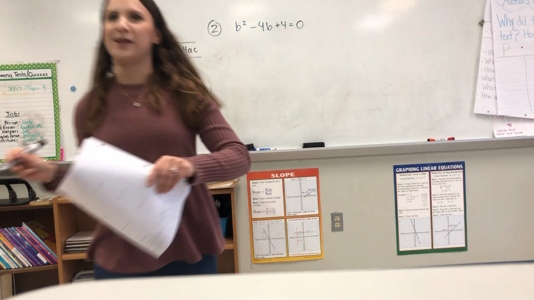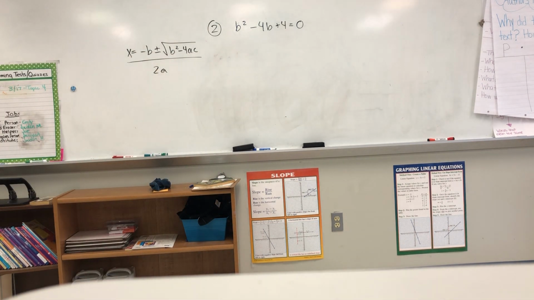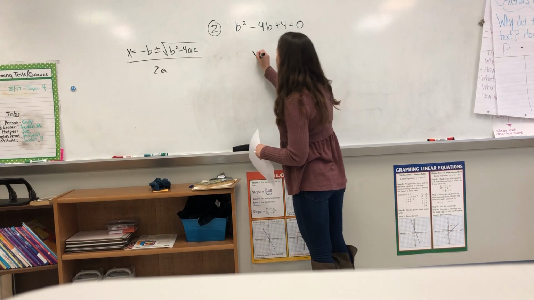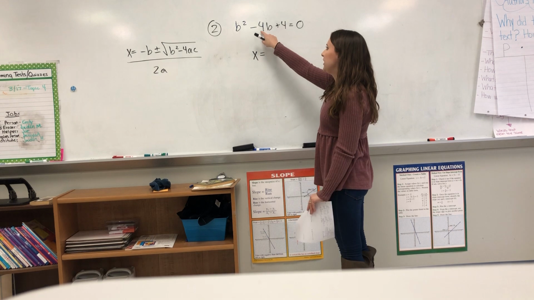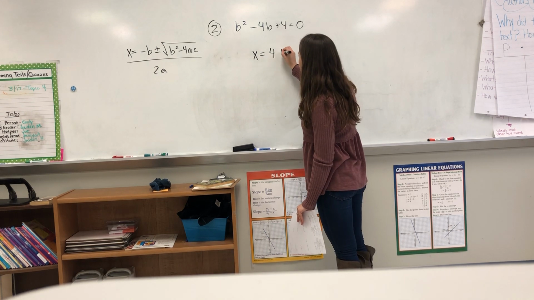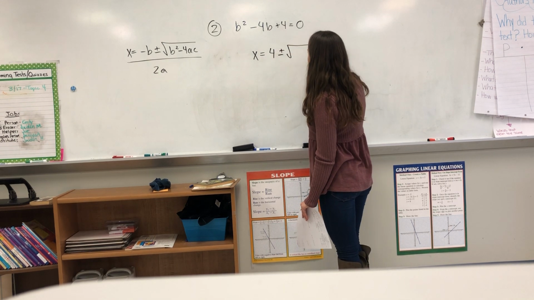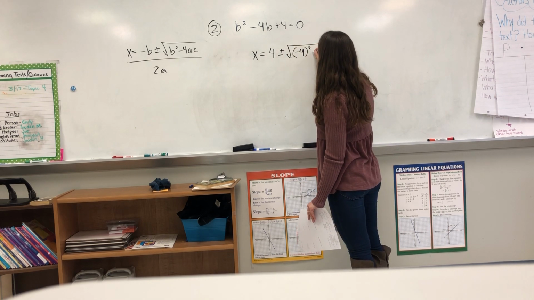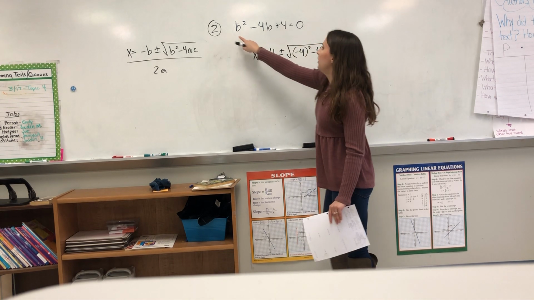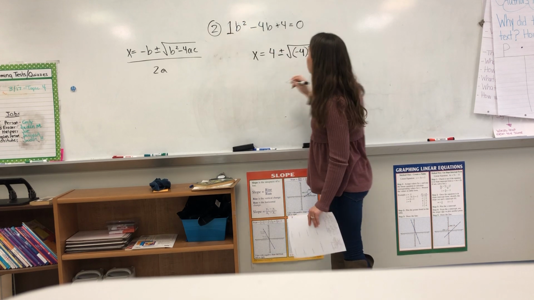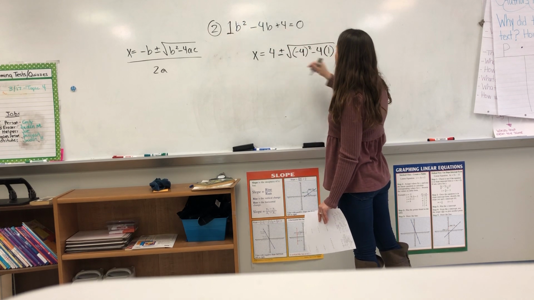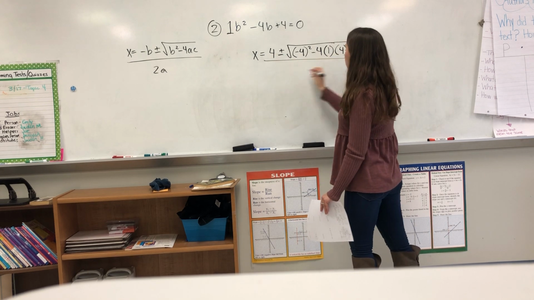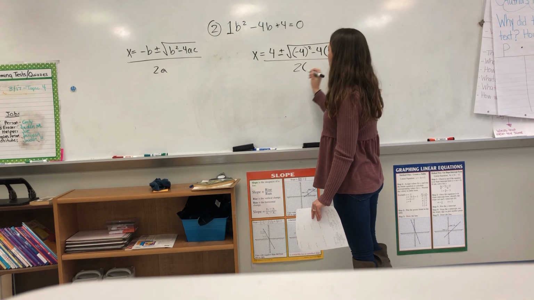Okay, so first step, the opposite of b is positive 4 plus or minus the square root of b squared, so negative 4 squared, minus 4, a is 1, c, all over 2 times 1, 2a.